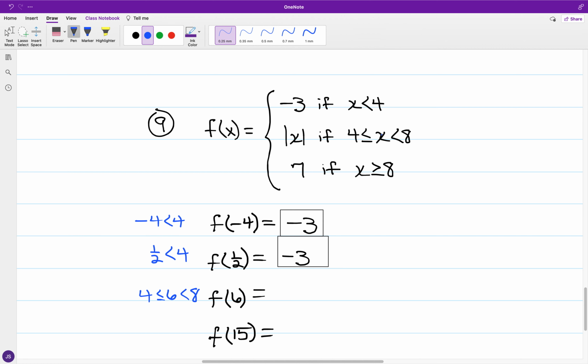So with 6 belonging in the second inequality description, we're going to take the second part of this piecewise defined function, where f of the input, in this case 6, is equal to the absolute value of the input. Here we have the absolute value of 6, which is going to be 6.